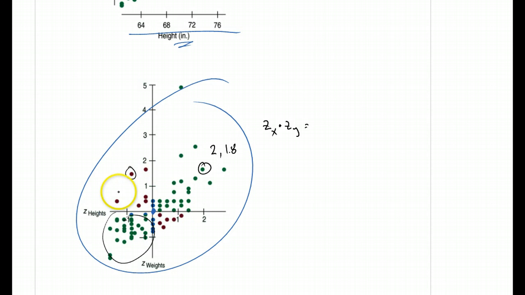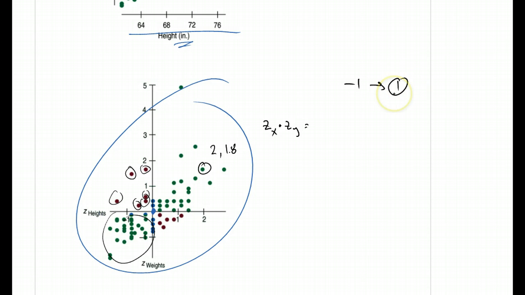These individuals in red here, they're not fitting the model, or they're not helping our correlation. If we look at the correlation values, they go from -1 to +1.